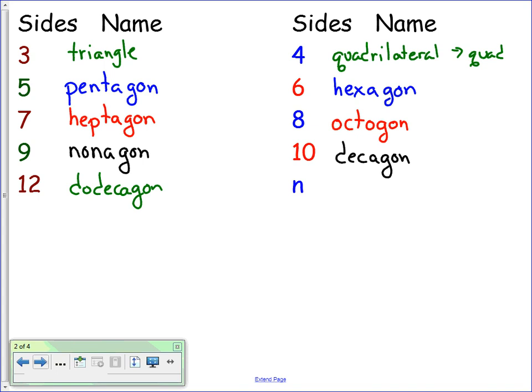And anything 11, 13 or more, we just simply say the number and then gon. So a 20-sided polygon would be a 20-gon.